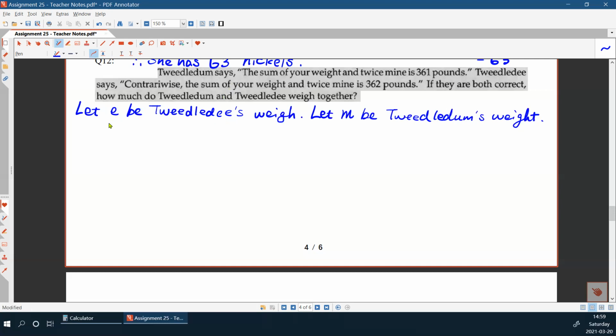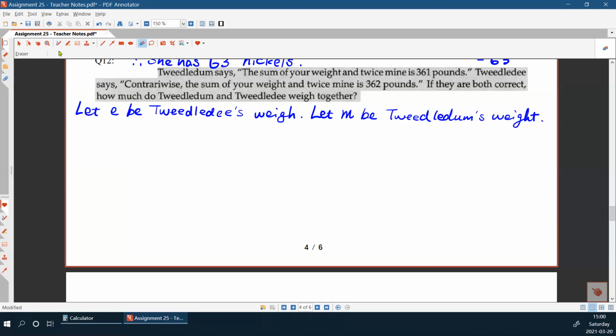And we need to solve E plus M, because it asks you to find how much they weigh together. So this is our target. You don't need to solve E and M separately. As long as you solve the sum of E and M, your task is finished.